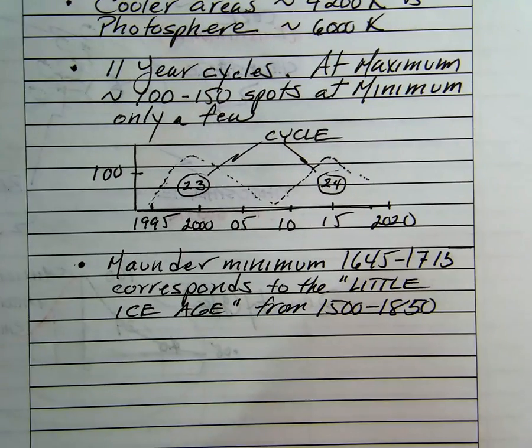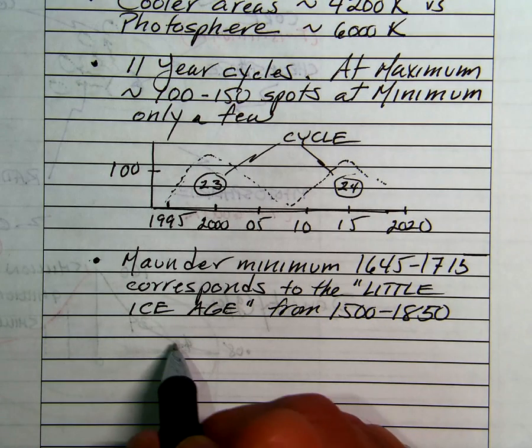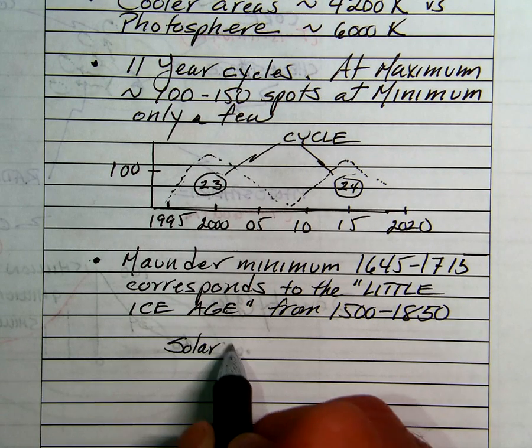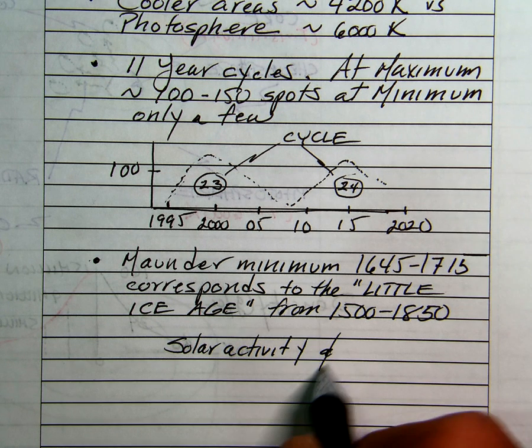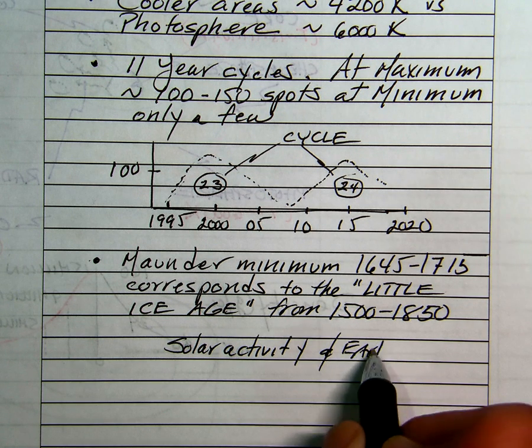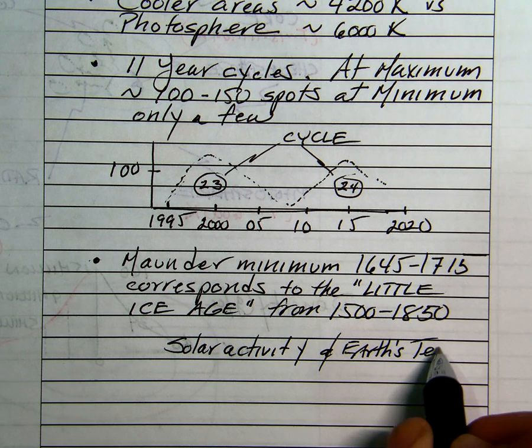This should tell you that basically solar activity and Earth's temperature are linked.